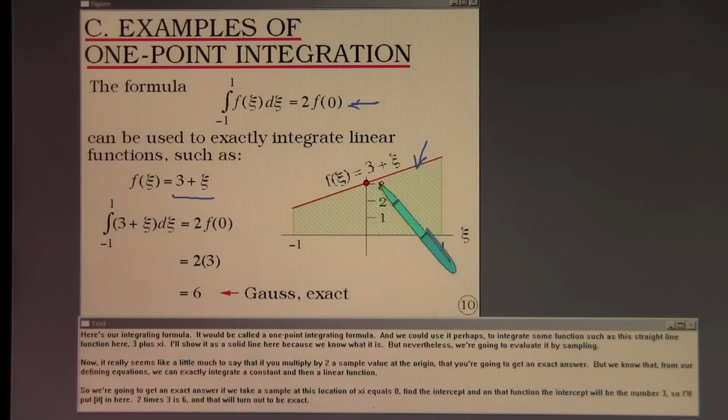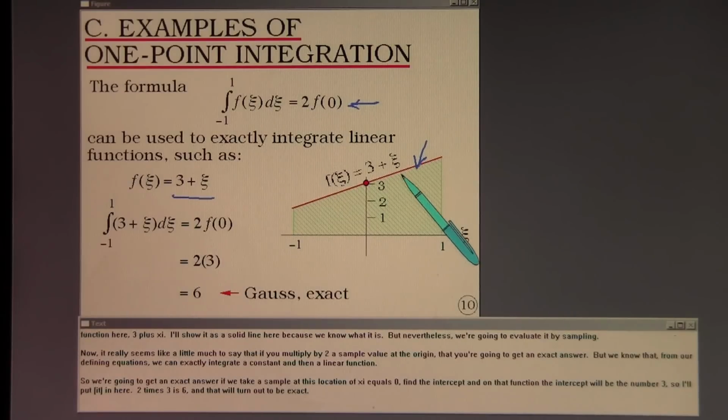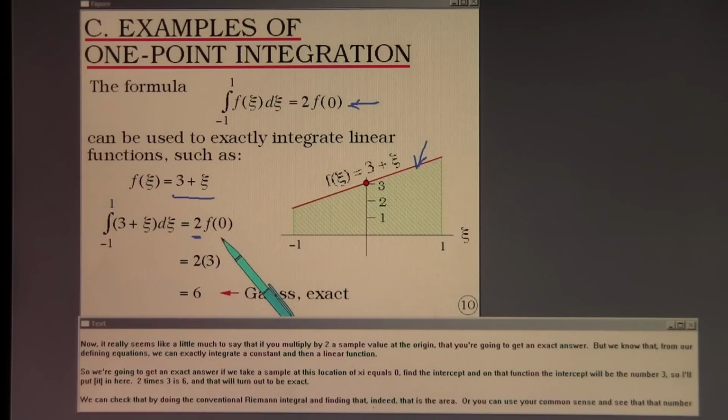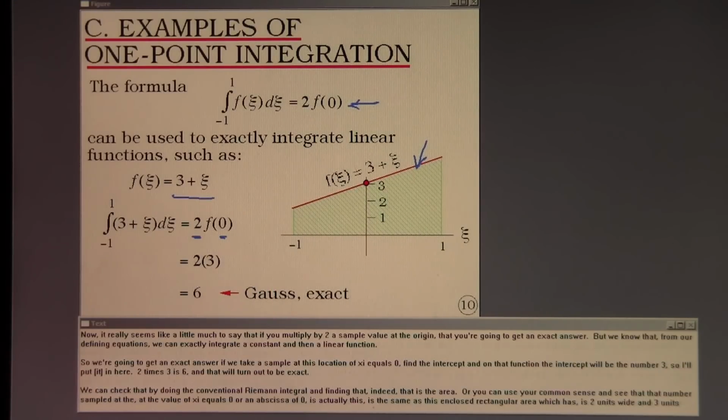I'll show it as a solid line here because we know what it is, but nevertheless we're going to evaluate it by sampling. Now, it really seems like a little much to say that if you multiply by 2 a sample value at the origin that you're going to get an exact answer. But we know that from our defining equations we can exactly integrate a constant and then a linear function.